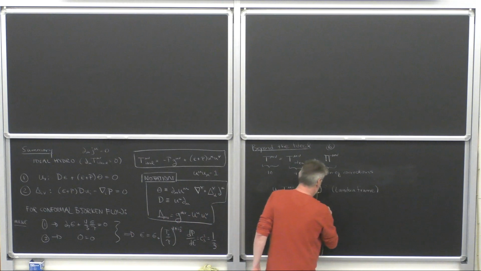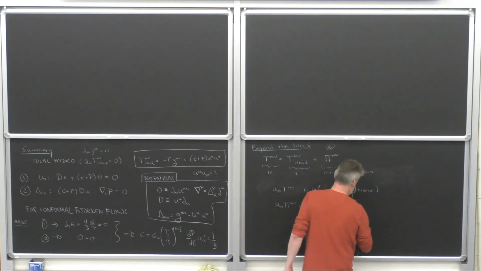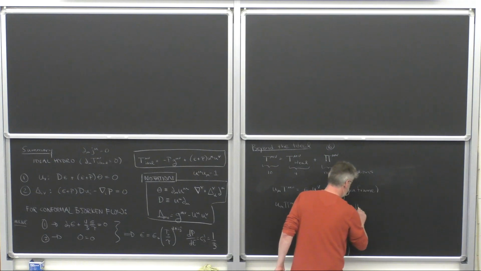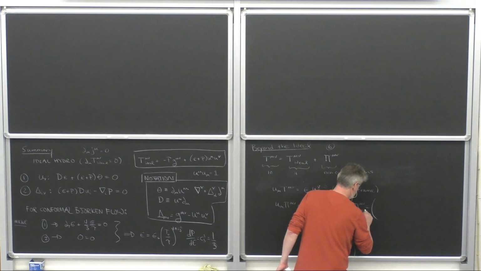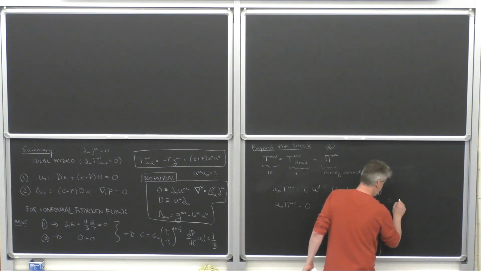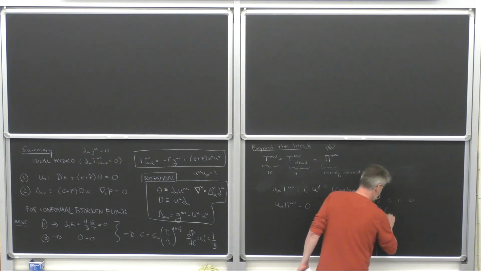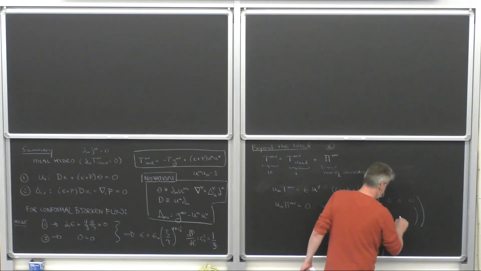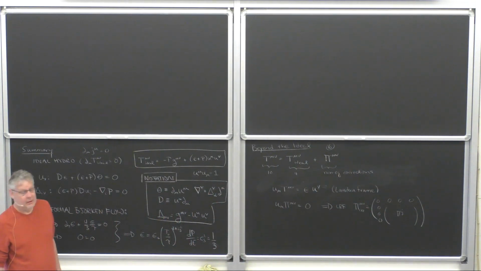Now in the local rest frame, what that means is that pi mu nu will have zeros here, and then it will be a space-like rank 3 tensor that lives down here.